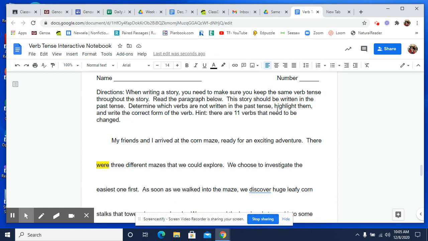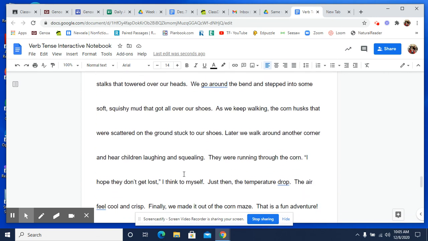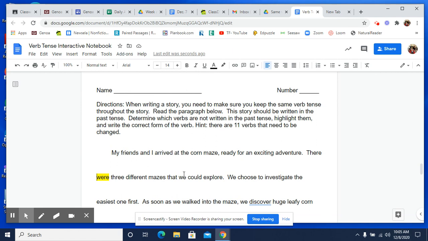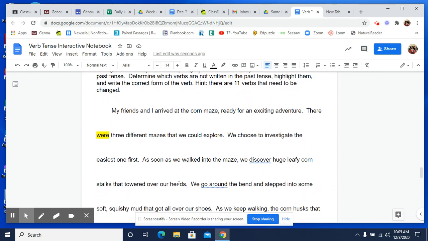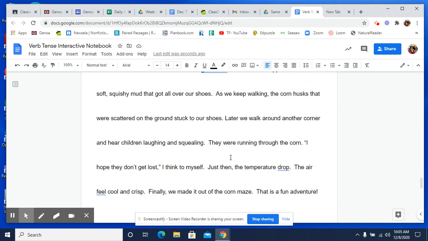There are 11 verbs that you need to change, so you have 10 more verbs to change. Okay, make sure that they're past tense. So you're looking for any that are written in present tense and you want to change them to past tense. Okay, I think that's it. All right, enjoy.